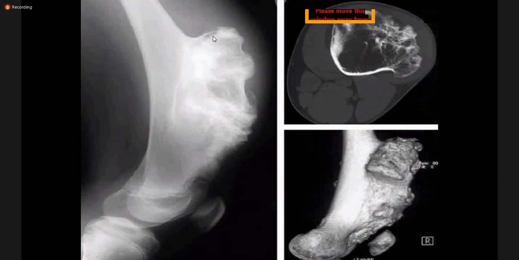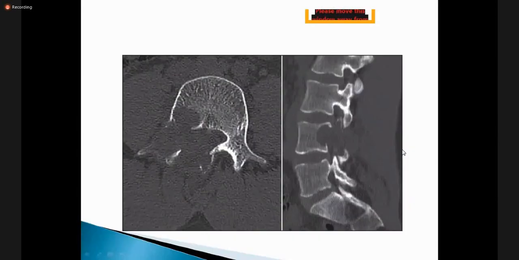The bone cortex is in continuation with the bony lesion, and the medullary cavity is expanded into the lesion. So this is an osteochondroma. On CT we can better assess where it is starting. On the 3D, this is the bony outgrowth. This is the patella, and this is the bony outgrowth in the metadiaphyseal region.